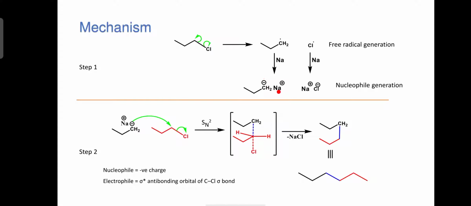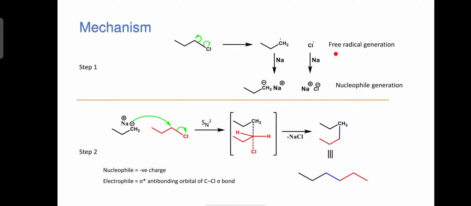There is no specific role of this sodium ion with this carbon anion. The same thing happens with the chloride radical. It is the nature of metal atoms to donate electrons, so another sodium atom donates its outermost electron to this chloride radical, a negative charge appears on the chloride ion, and sodium converts into a sodium positive ion. So the formation of sodium chloride takes place.